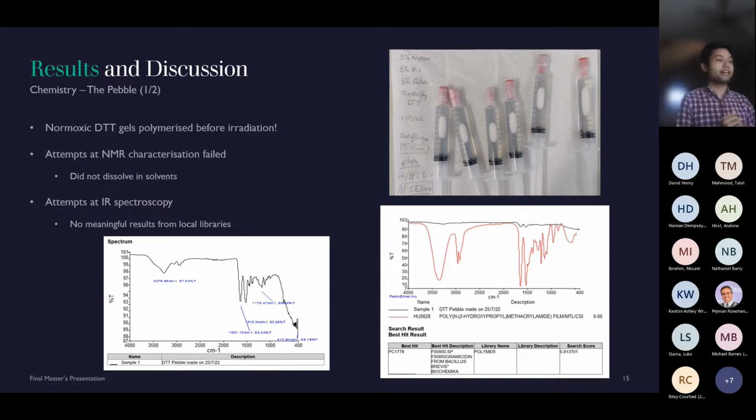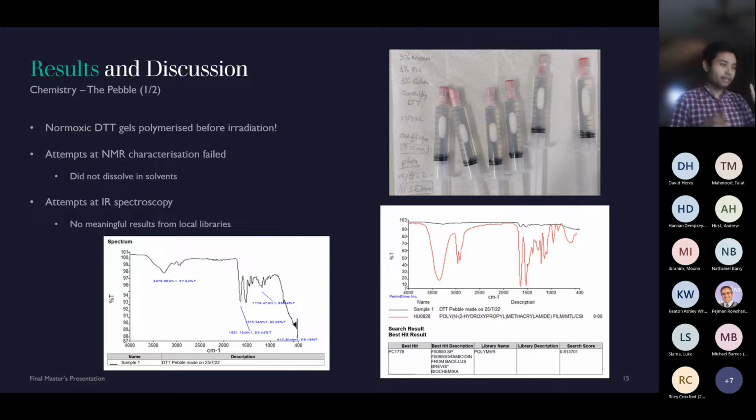So you can see the scan on the bottom left-hand side with transmission on the left and wave number on the right. Ideally, for reliable results you should have a transmission of over around 50%, which is best practice, but we don't really have that. And the local library suggested, as you can see on the right-hand side, hydroxypropyl methacrylamide.